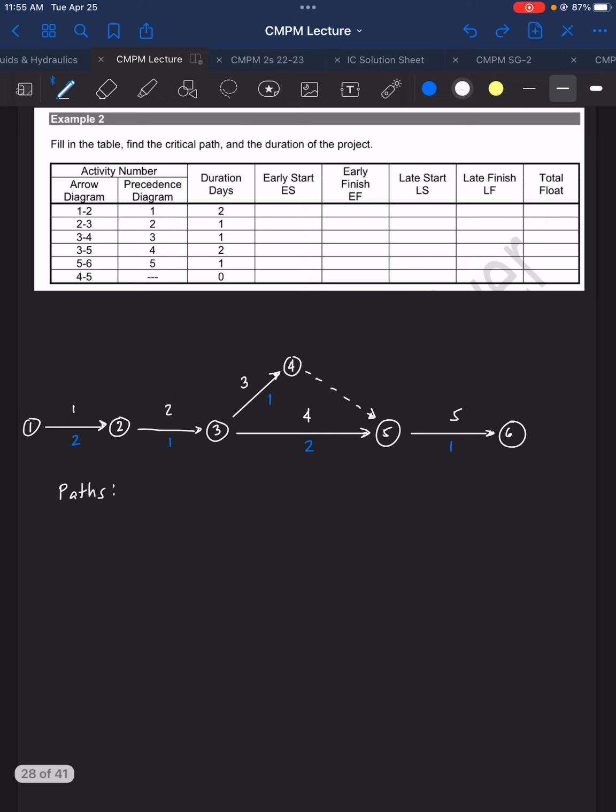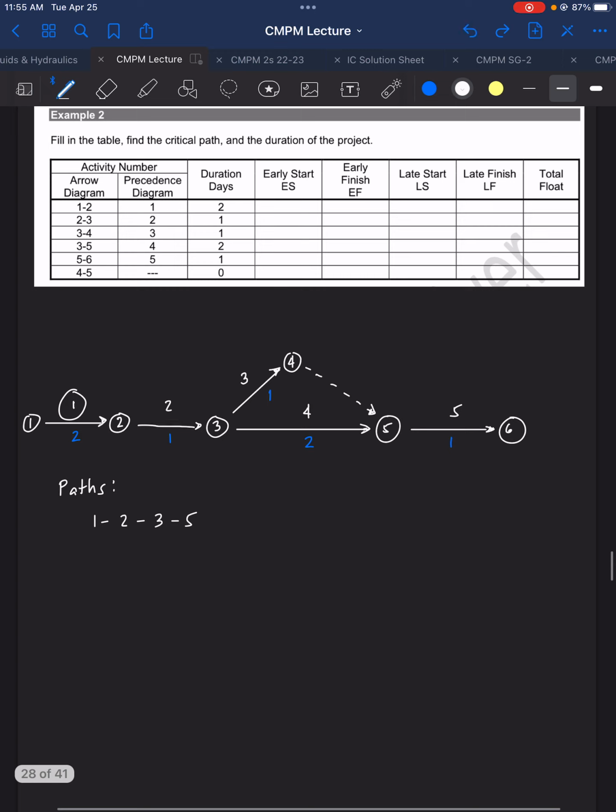The second path is 1, 2, 4, and 5. Which of these two paths has the greater duration?